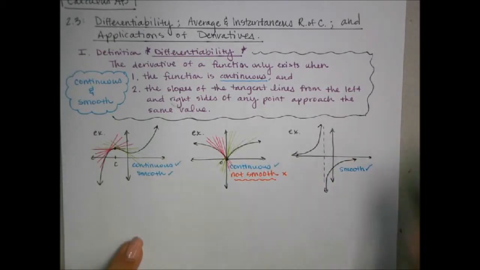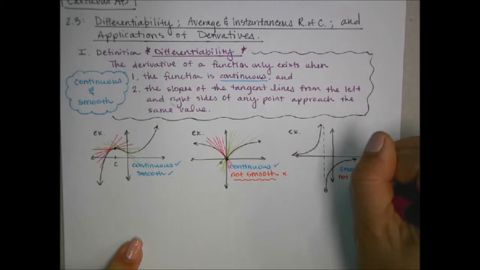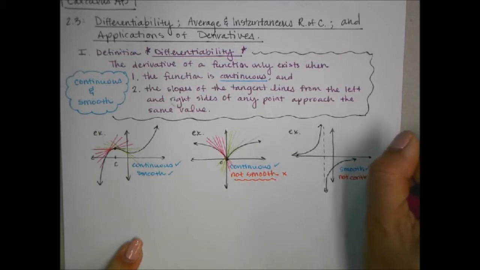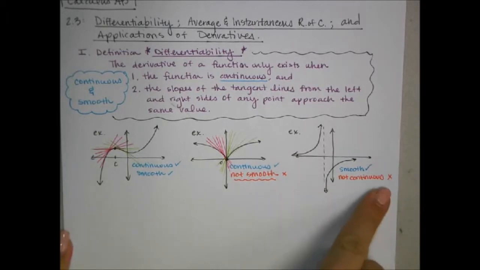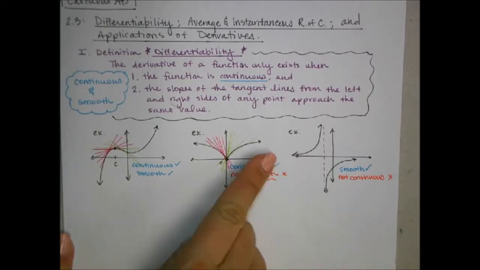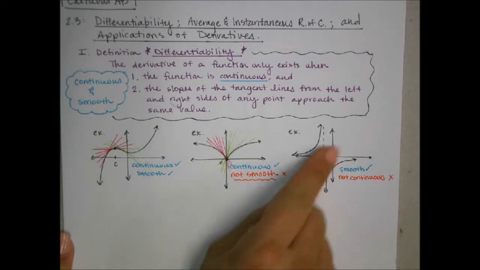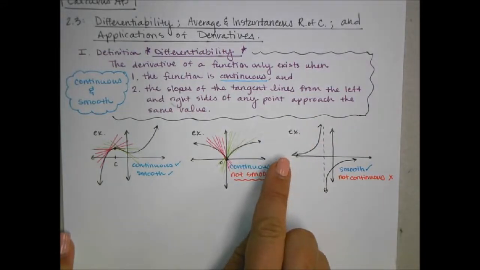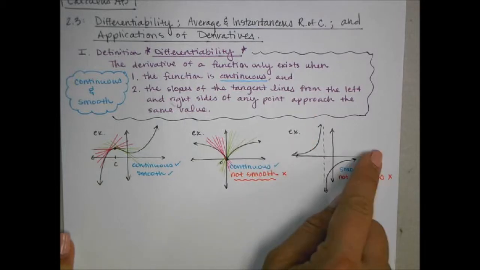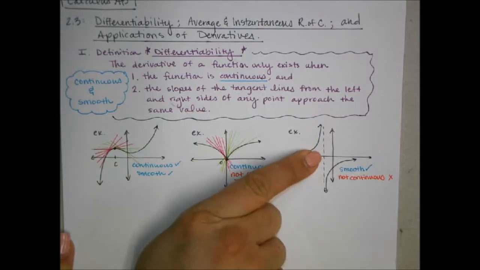It has a discontinuity at the vertical asymptote. So it's continuous everywhere else except at the vertical asymptote. So it is differentiable everywhere else, just not here at the vertical asymptote.